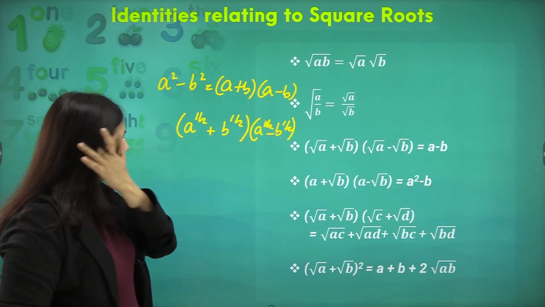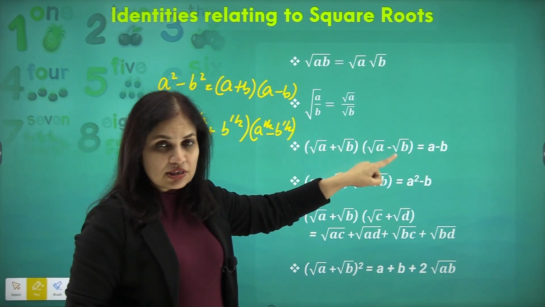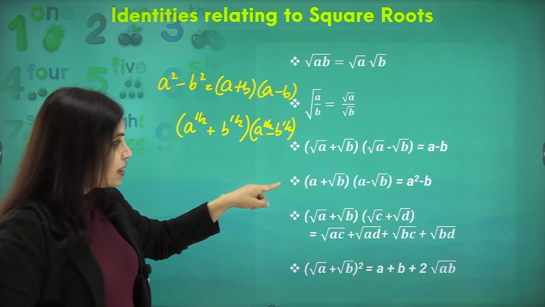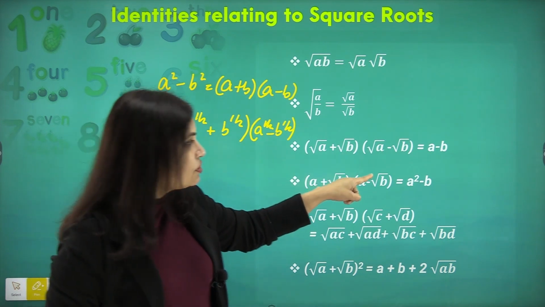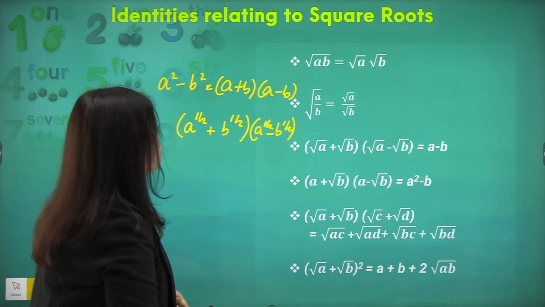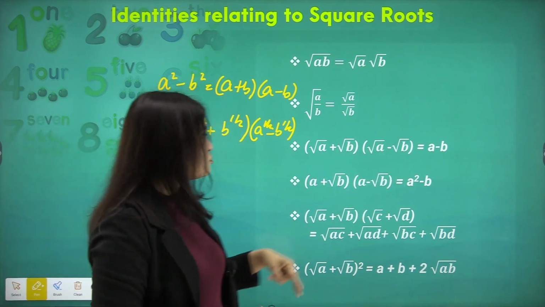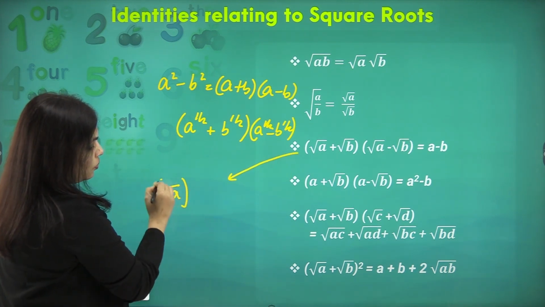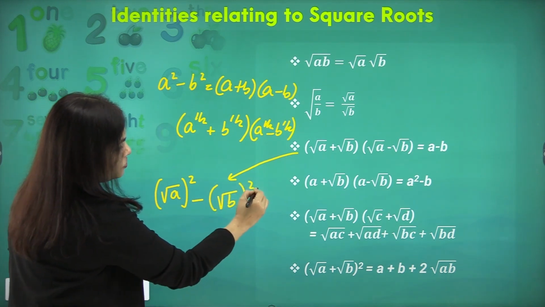Similarly here, if we are given the product of the sum and difference of two numbers, it is equal to the difference of their squares. So root a plus root b into root a minus root b can be written as root a whole square minus root b whole square.